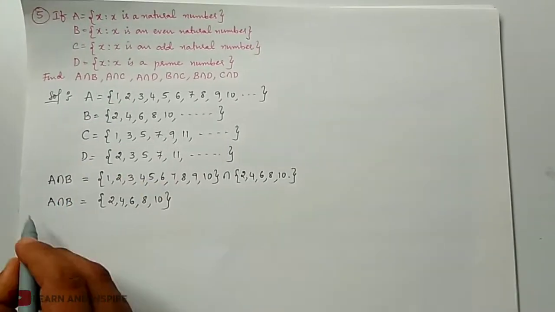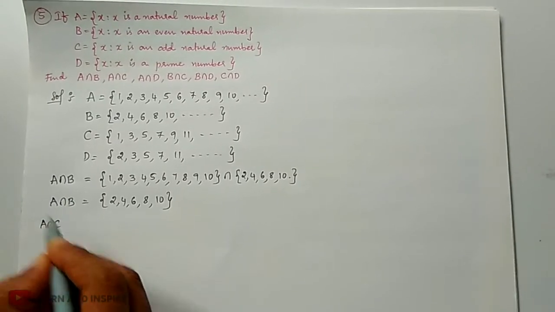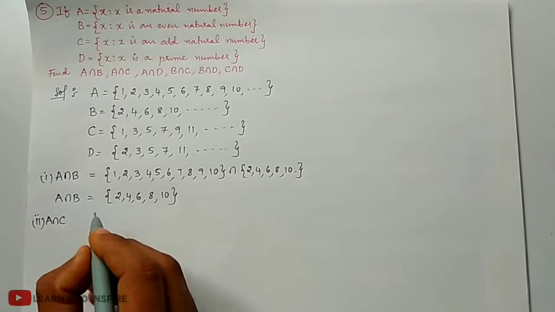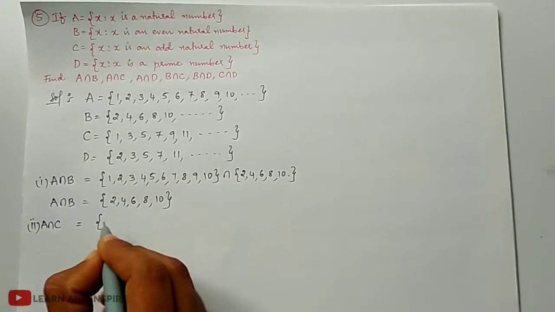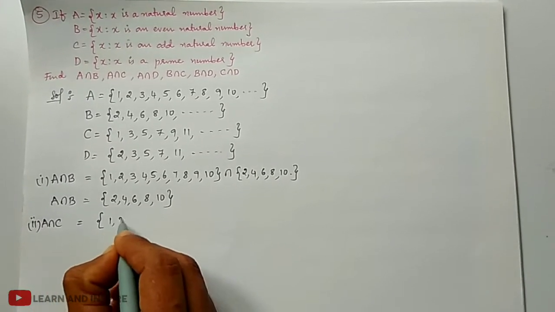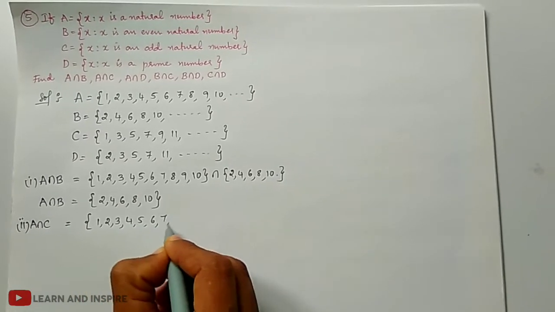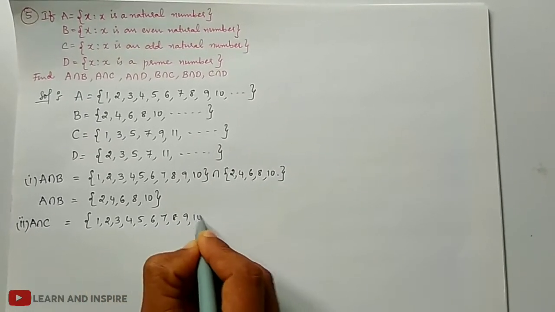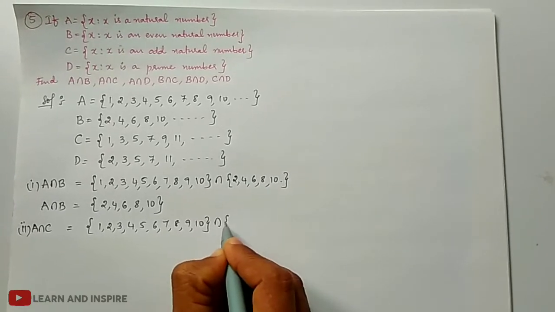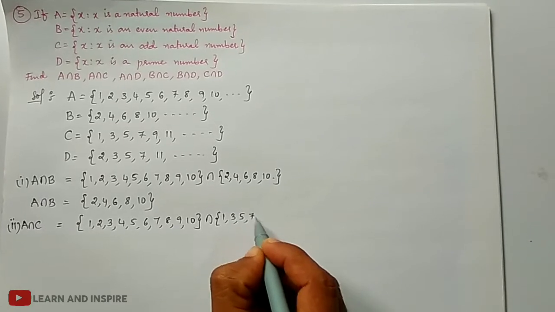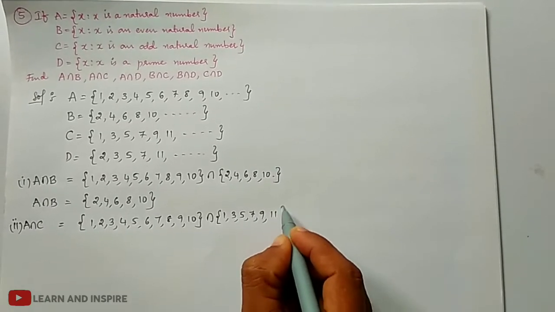Next one, A intersection C. First we write set A elements 1, 2, 3, 4, 5, 6, 7, 8, 9, 10, intersection set C, whose elements are 1, 3, 5, 7, 9, 11.